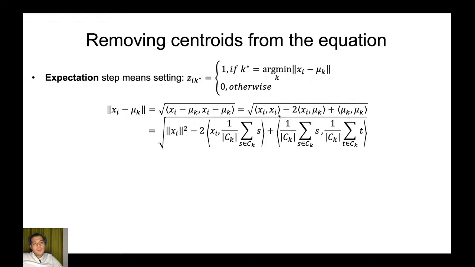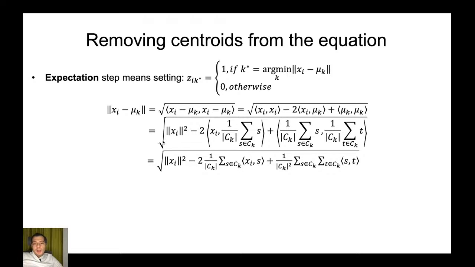And here we do the same change. Here we need to make sure that we do not use the same notation for these two vectors here. Okay, so then we once again use the fact that the dot product is distributive.